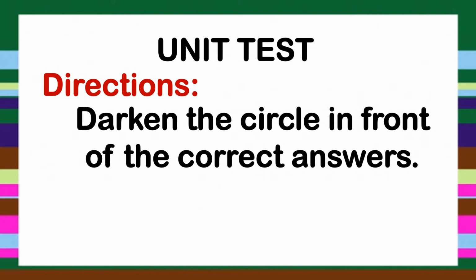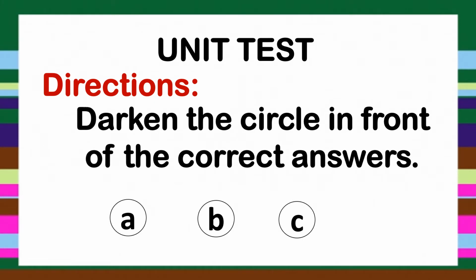You can see there are three choices: letter A, B, and letter C. If your answer is letter A, you darken letter A. If your answer is letter B, you darken letter B. If your answer is letter C, you darken letter C. Now let's begin with number 1.